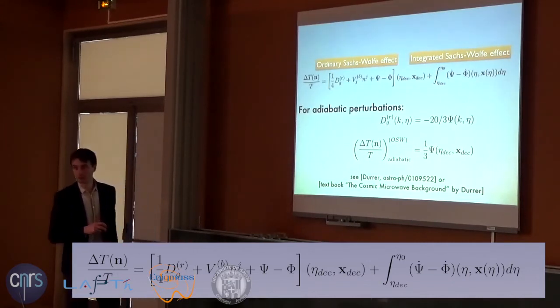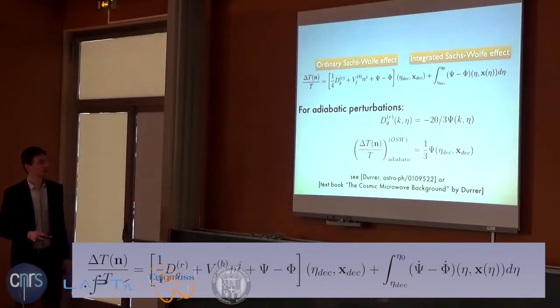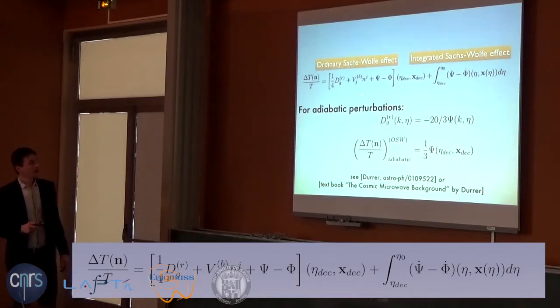This relation can be computed if you write down the Boltzmann equations. The velocity term remains negligible, and then the sum of these three terms amounts to 1/3 psi. One other ingredient that goes into this summation is the fact that for perfect fluids, psi is equal to minus phi. So here you have 2 psi.